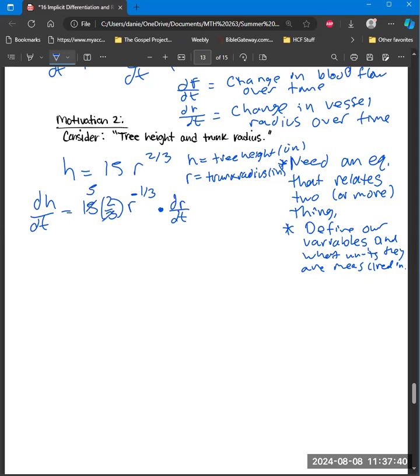Simplify here. dh dt is equal to 10 r to the negative 1/3, let's put this down here, cube root of r times dr dt, like so.